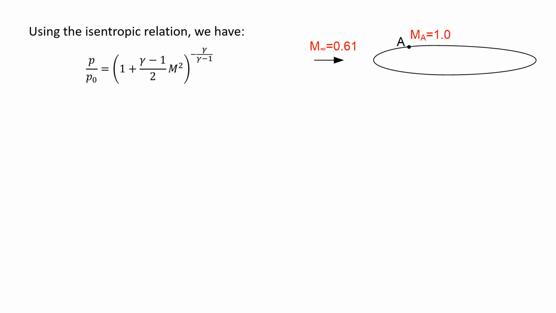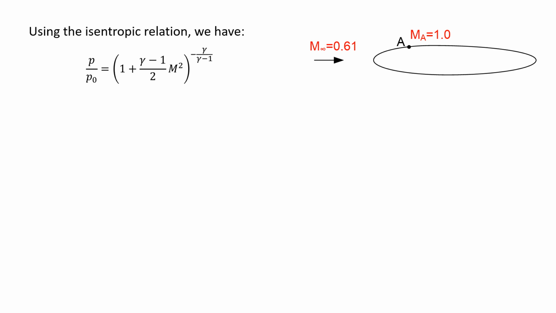P is the local pressure at a random point of the airfoil, and P0 is the total pressure in this flow. And P over P0 has a relation with the Mach number. So this M is the local Mach number at that random point.